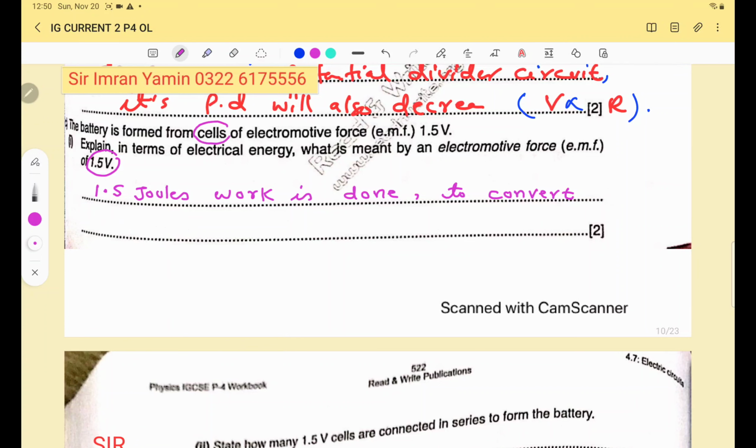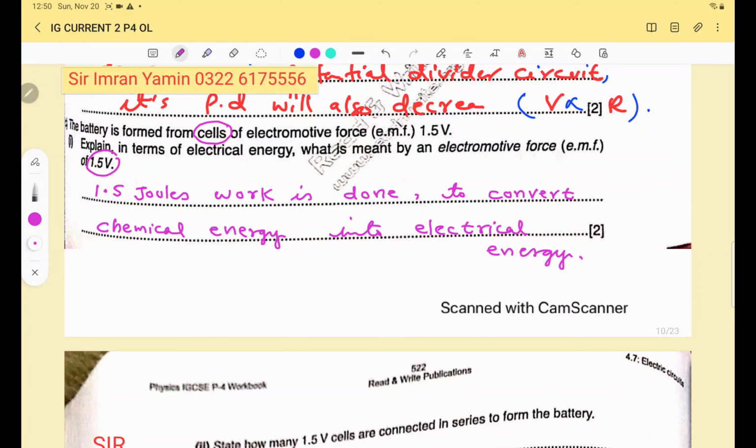It is given that it is a cell, so we write: to convert chemical energy into electrical energy. So 1.5 joules of electrical energy is produced.